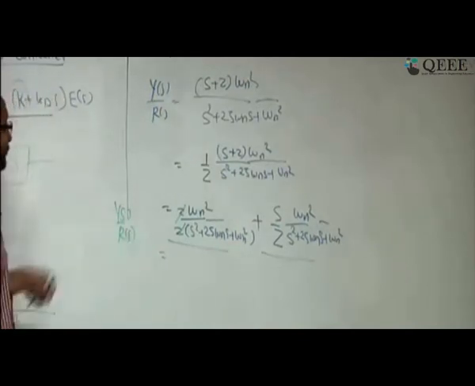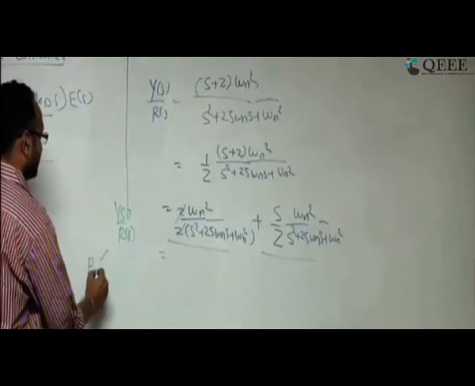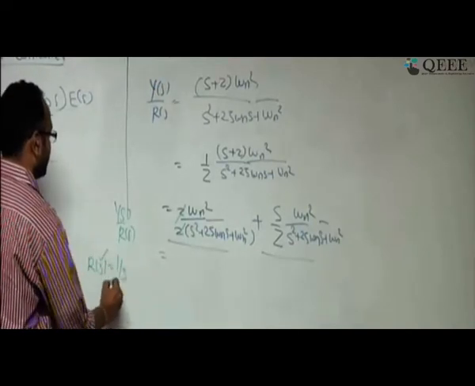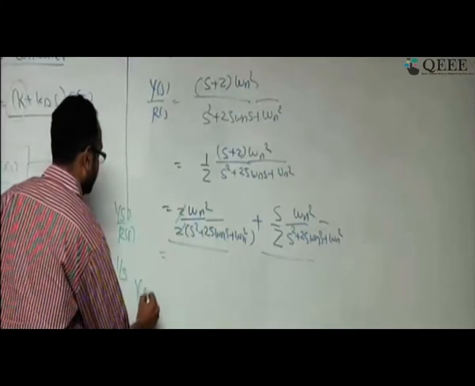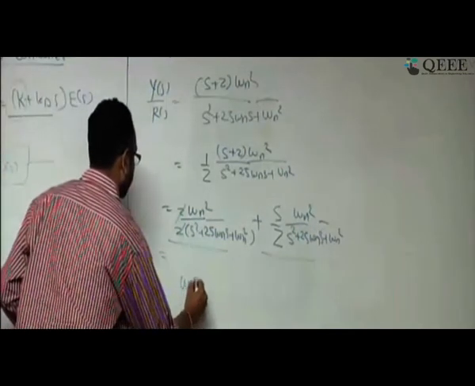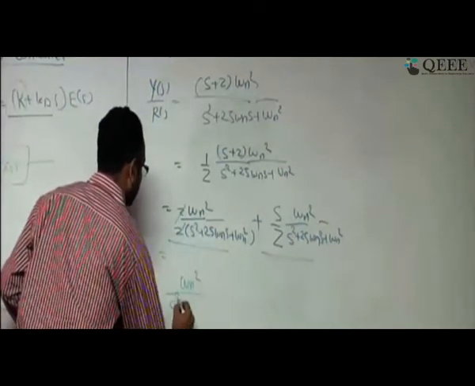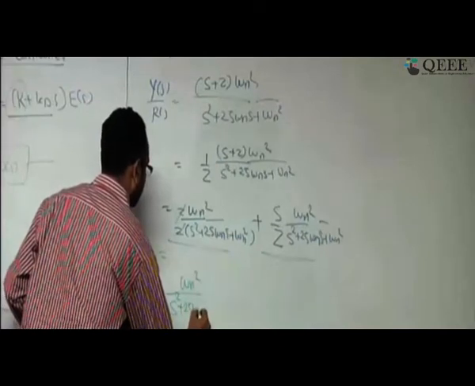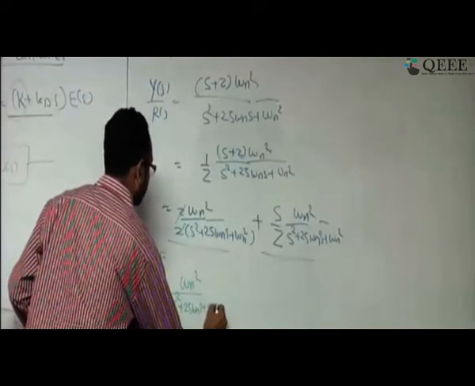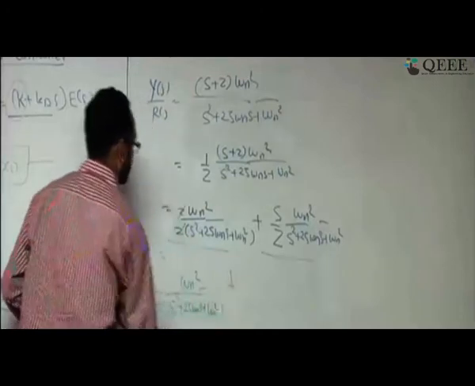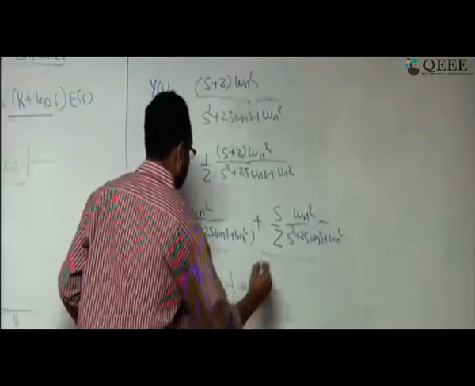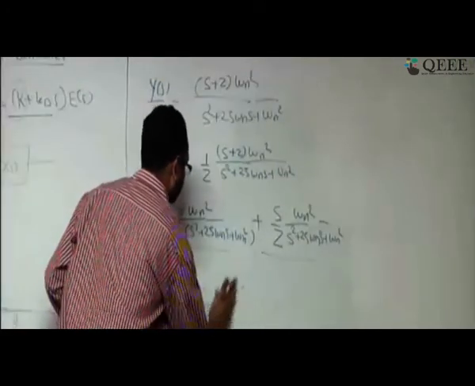Now if I want to see how this behaves for the unit step signal 1 by s, I can write Y(s) as ωn² over s² plus 2ζωn s plus ωn² into 1 by s. Okay, let me call this R(s) only, correct.